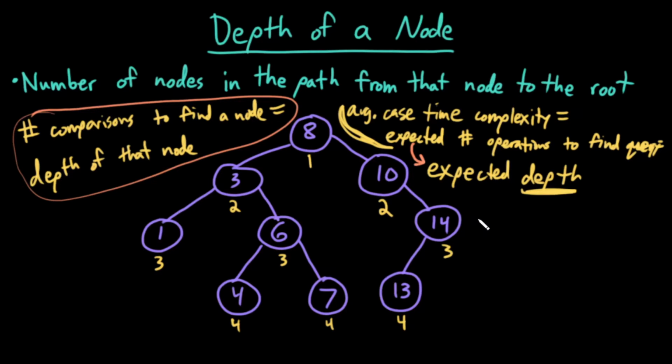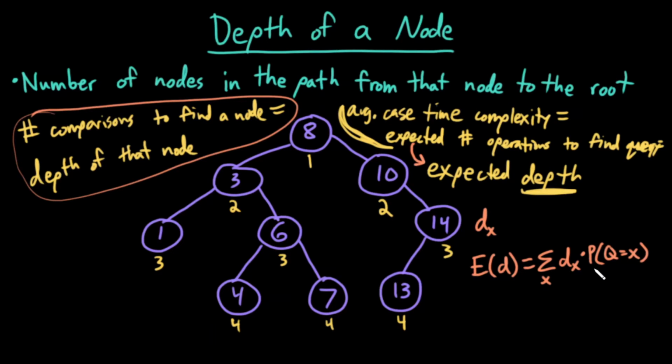So let's say that the depth of some given node x is d of x. The expected value of depth, so expected value of, let's say, d, is the sum over all possible nodes x of the depth of x times the probability that my query is x.